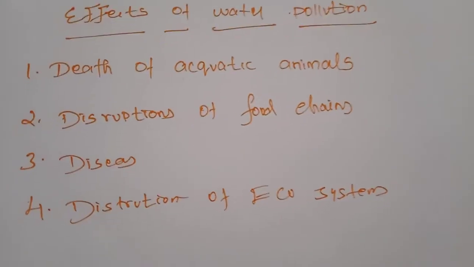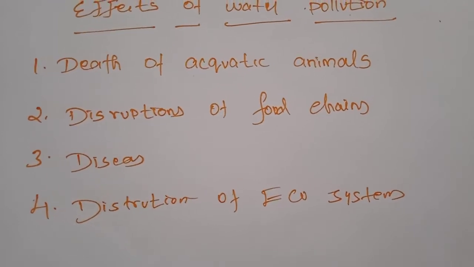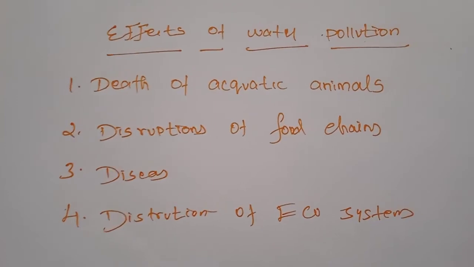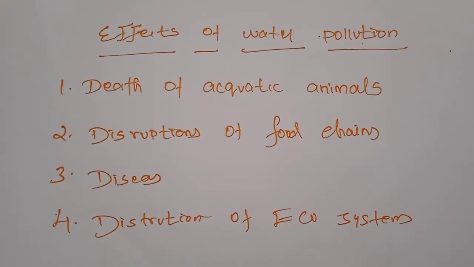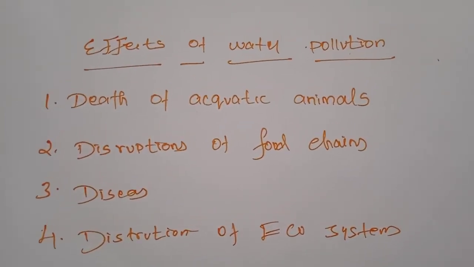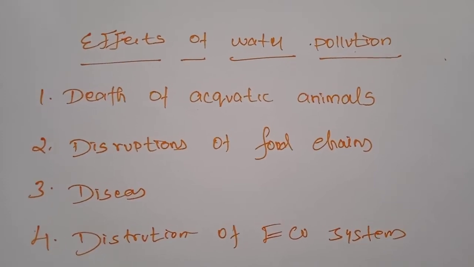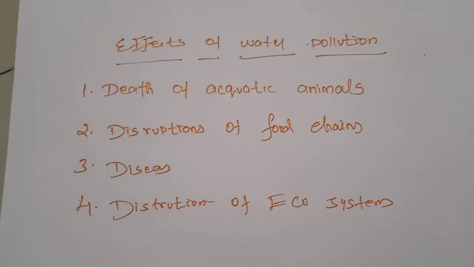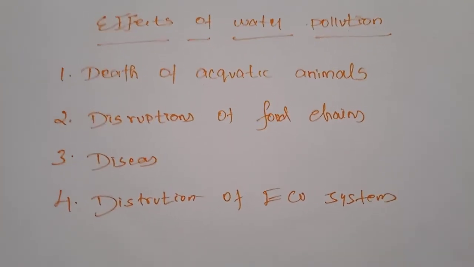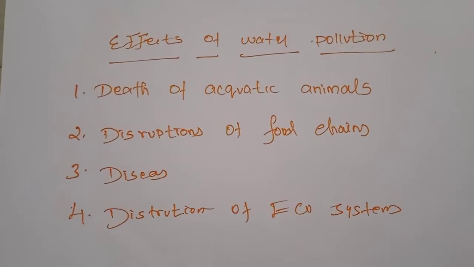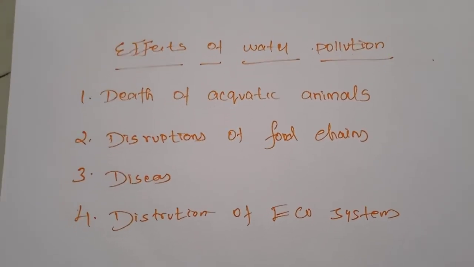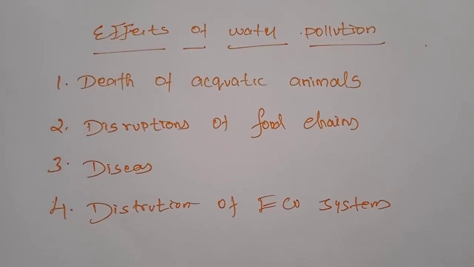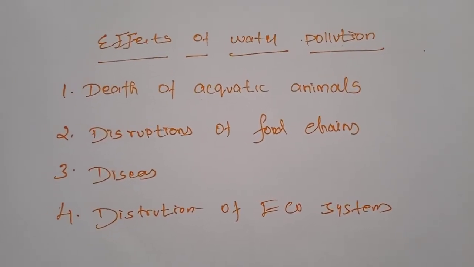If a tortoise eats some chemical items and some fish also eat the chemical items, and this fish is taken as food for human beings, then if you eat this fish, our health will also be affected. So wherever a water-polluted animal is affected, all the food chains after that will be disrupted.